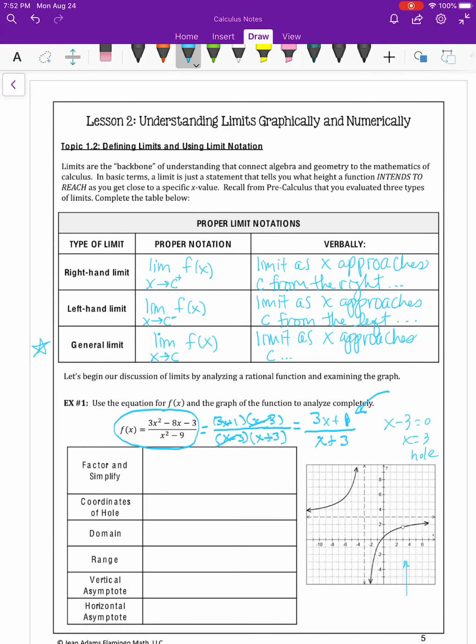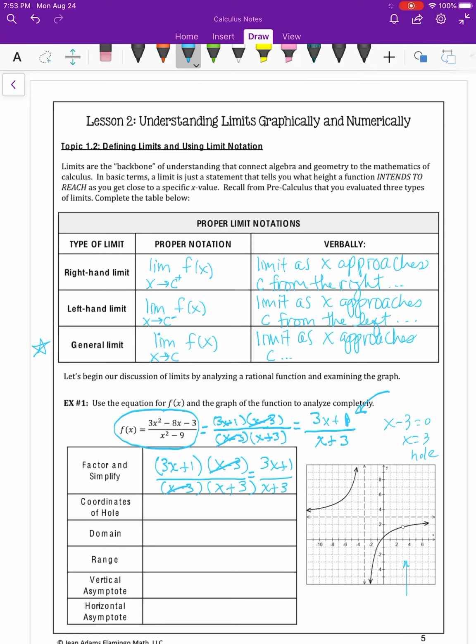So what did we do? We factored and simplified. This was our 3x plus 1 times x minus 3 over x minus 3 times x plus 3. There was our factoring, and we canceled, giving us 3x plus 1 over x plus 3.